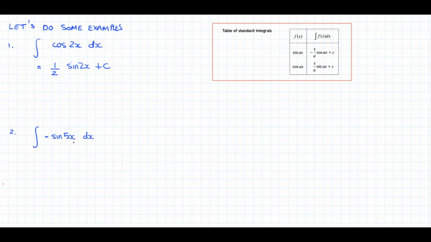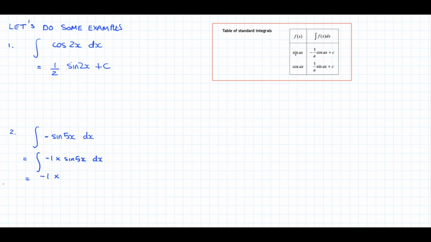Integrating negative sine 5x. So let's rewrite that one because that is integrating negative 1 times sine 5x. And the negative 1 is just a constant. So that is going to be negative 1 times. Now this time we're asked to integrate sine ax, negative 1 upon a cos ax.